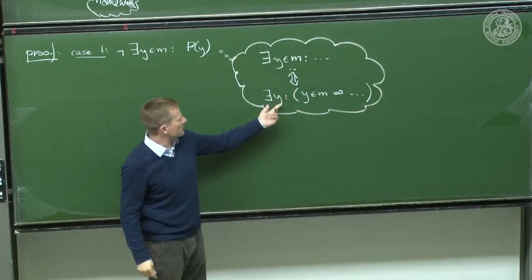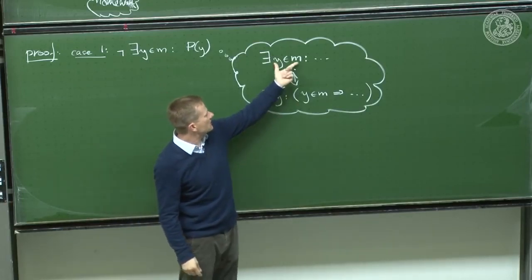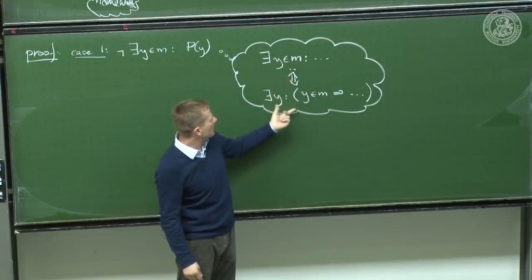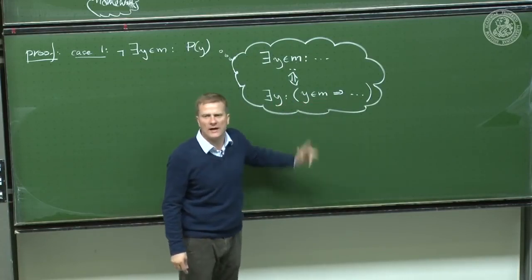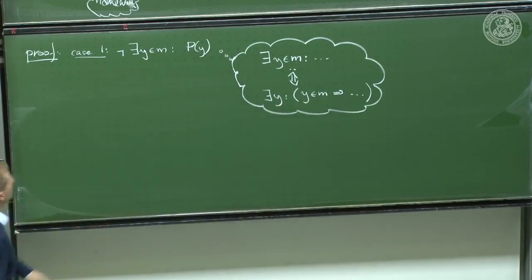Now, first order predicate logic only has this. If I restrict like this, it's just a short form of saying I condition it on y being in M. Very simple. I don't remember whether I said it.